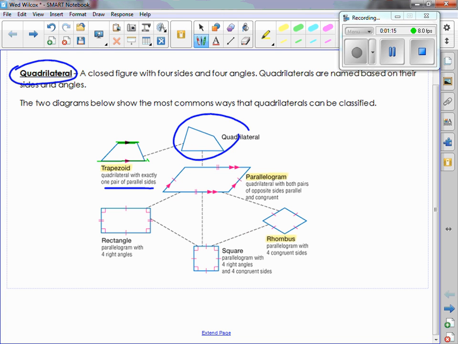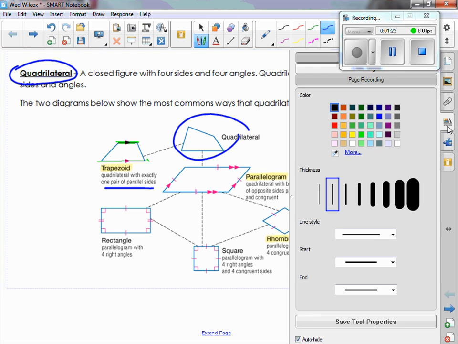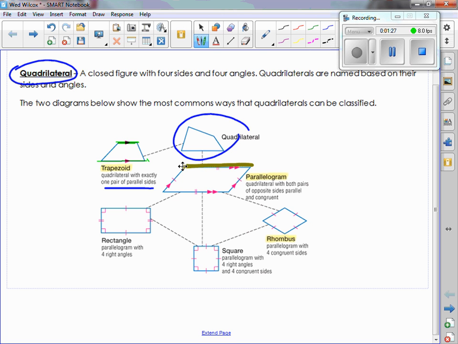A parallelogram, on the other hand, is a quadrilateral with both pairs of opposite sides that are parallel and congruent. So on a parallelogram, we have a set of sides that are parallel, obviously never going to intersect, and they are also congruent. They are the exact same length.